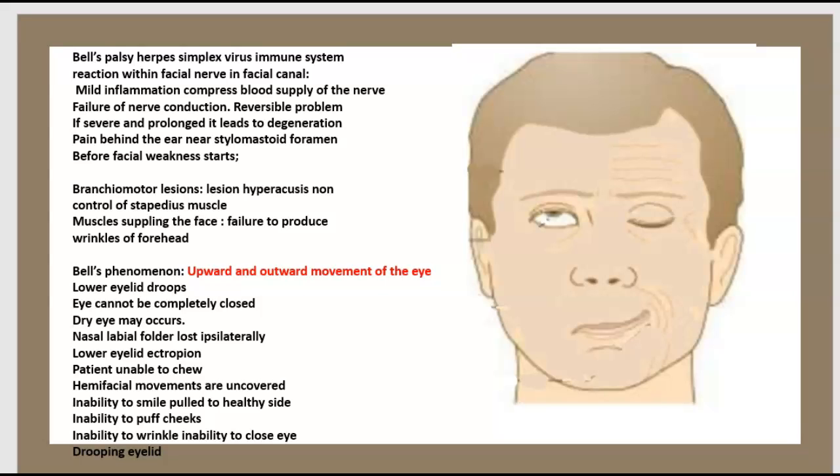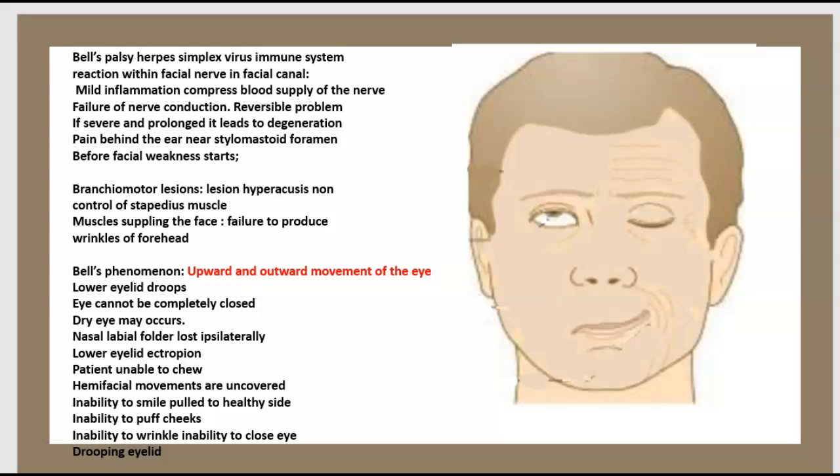What is Bell's phenomenon? It's upward and outward movement of the eye. Lower eyelid drops. Eye cannot be completely closed. Dry eye may occur. Nasolabial fold lost ipsilaterally.